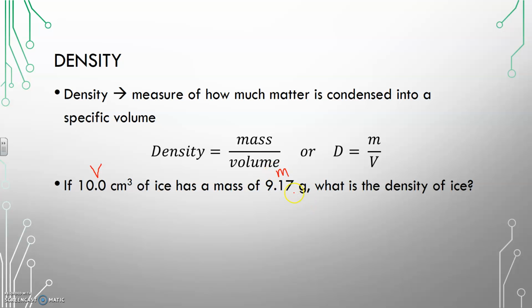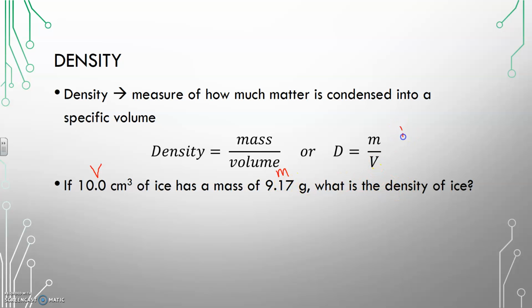Knowing your units comes into play here. Any unit that's cubed, like centimeters cubed, is going to be a volume unit, and grams are always mass. So we've got our volume, our mass, and we're solving for density.